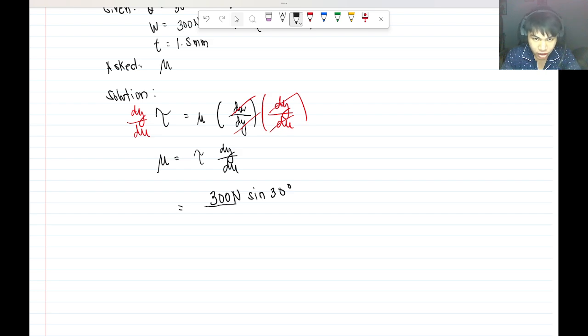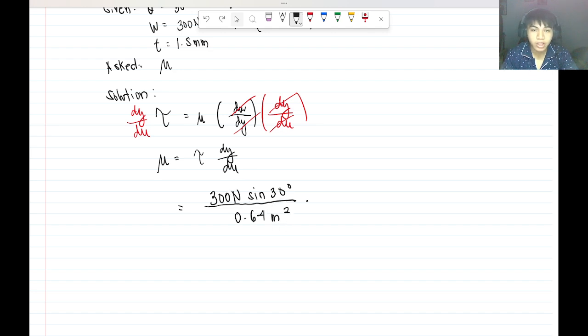This is over 0.8 times 0.8 is 0.64 square meters. So this will be in pascals.